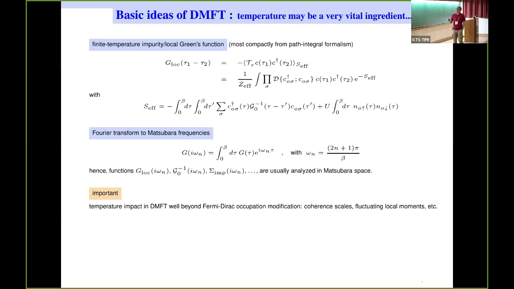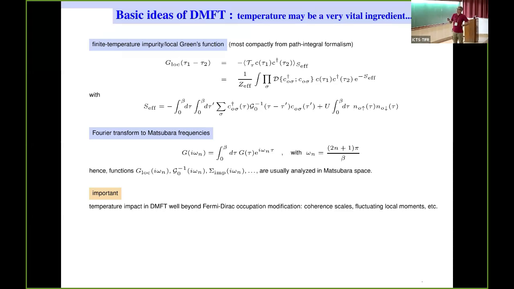And if you go to 0 temperature, this integral would become much more involved, so to say. But if the temperature is a bit higher in DMFT, then the calculation is even faster. So temperature even helps you in the calculation of DMFT, because otherwise the integrals become not tractable. Because you have to discretize this in some way or the other to, of course, compute this numerically.